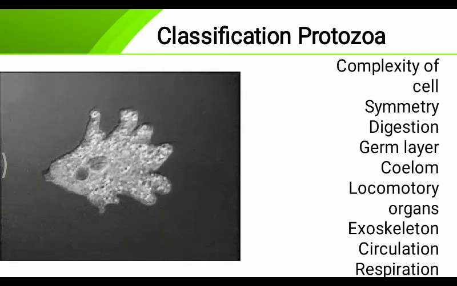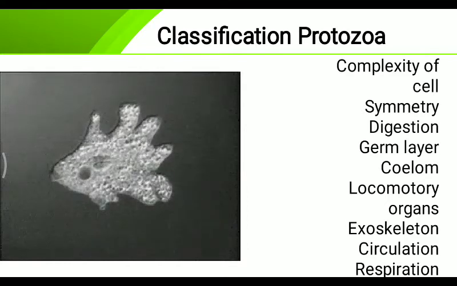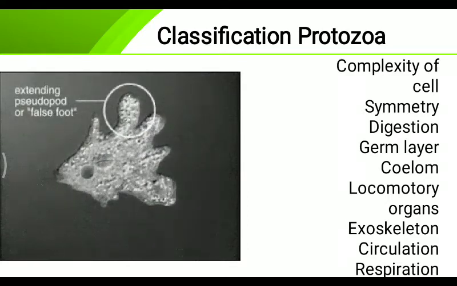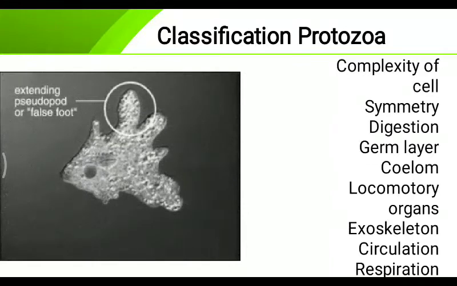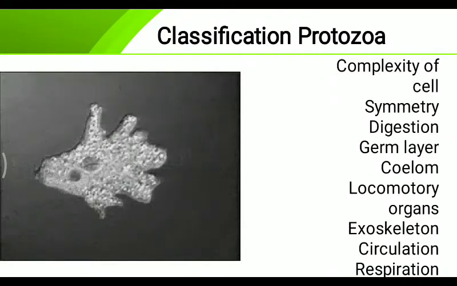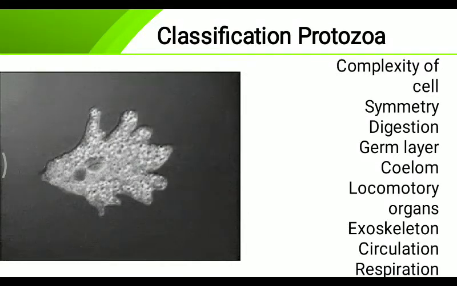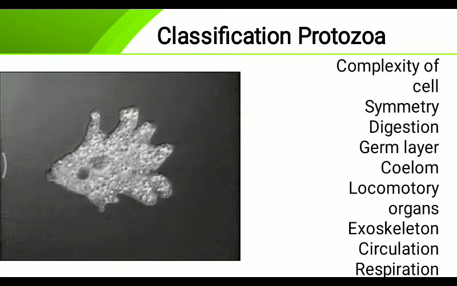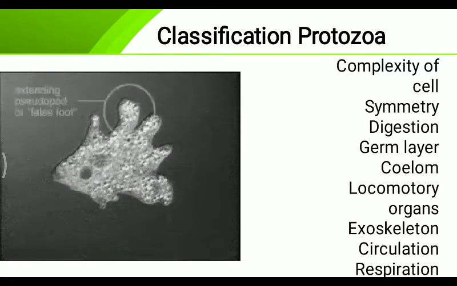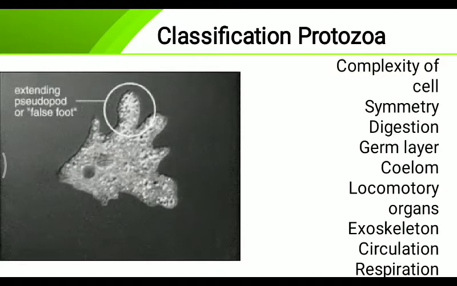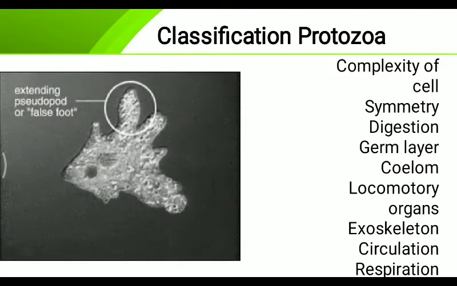No other animal is unicellular like protozoans. There are other organisms like bacteria which are single celled, but they are prokaryotes, and protozoans are eukaryotes. I hope you know the difference between prokaryote and eukaryote well.